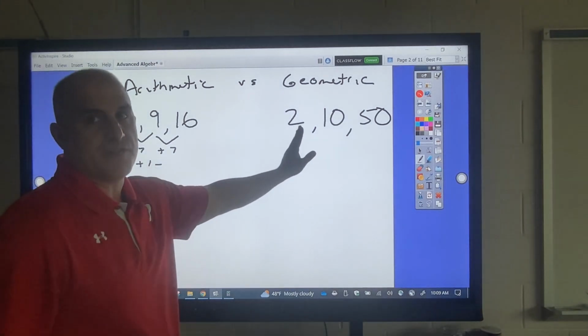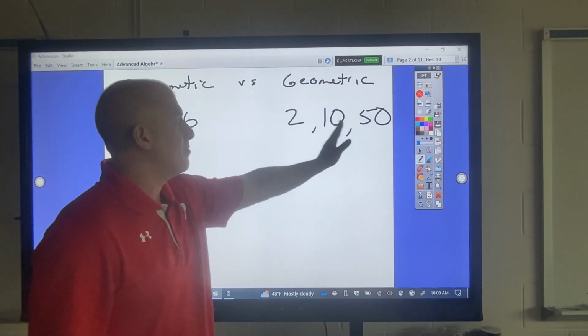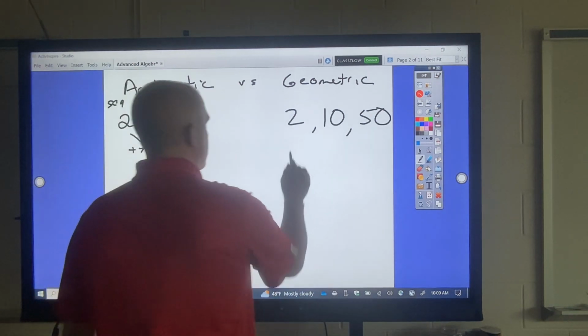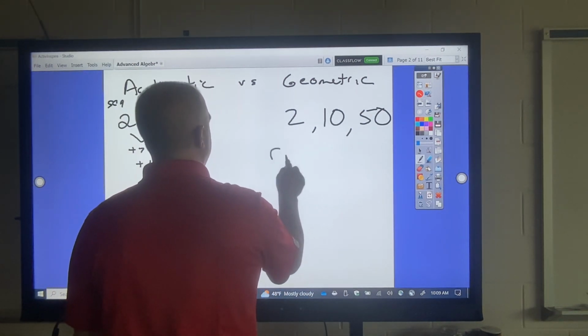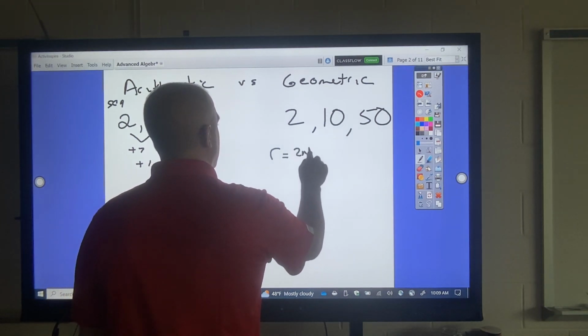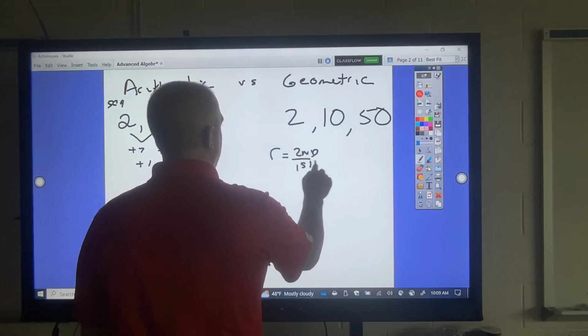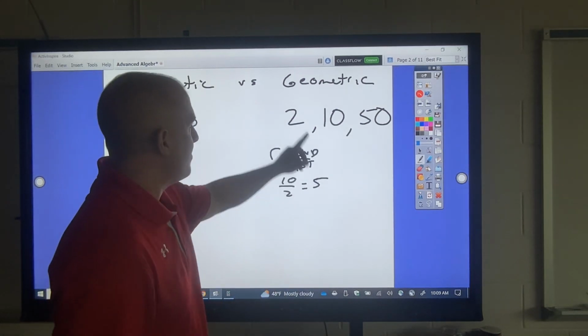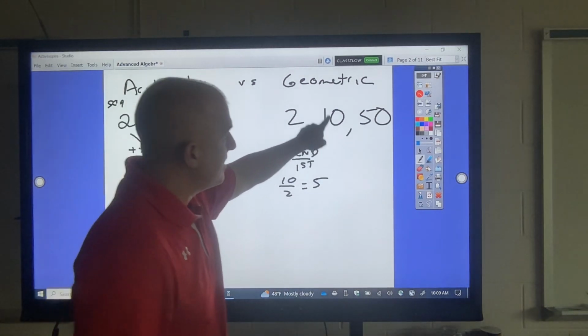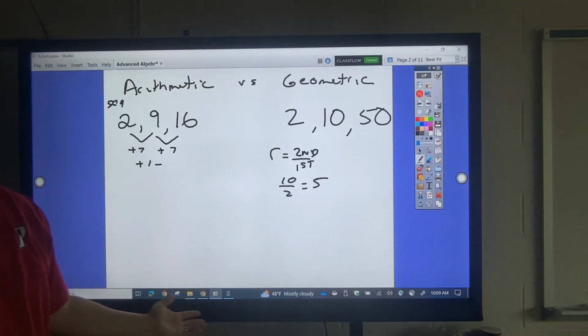With a geometric one, the difference between 2 and 10 is 8, but the next difference is much bigger. So you figure out the ratio, which is the second term divided by the first term. 10 divided by 2 is 5. Check the pattern: 2 times 5 is 10, 10 times 5 is 50, and that's how you know it's geometric.